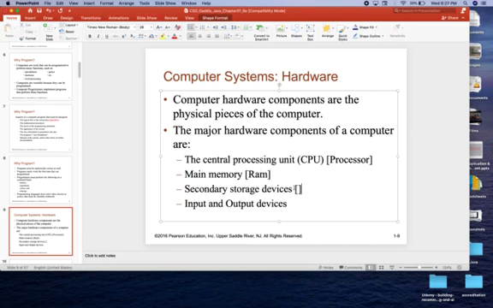The main memory is the same as the RAM. Secondary devices, I think you know what secondary devices are. Secondary devices are the storage devices. They are those that are distant from the microprocessor, or more often they are not on the motherboard.